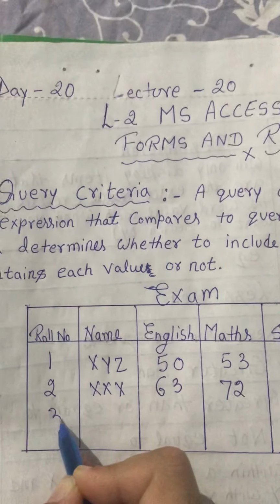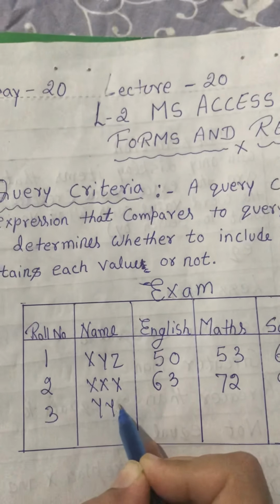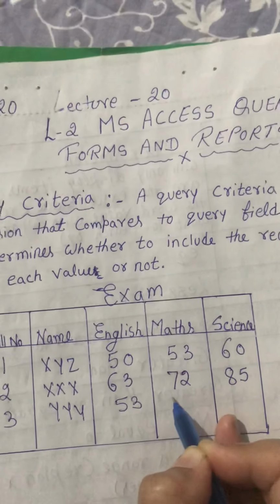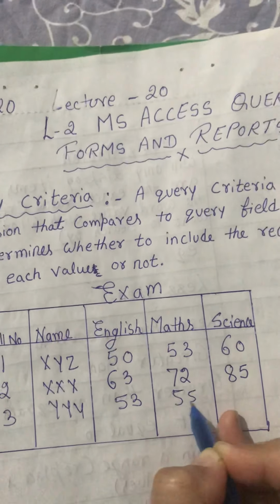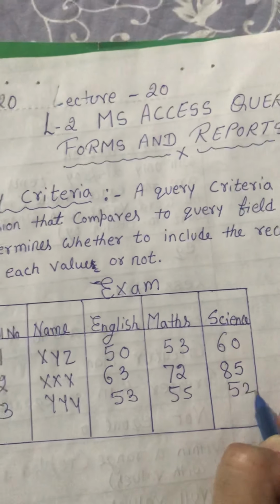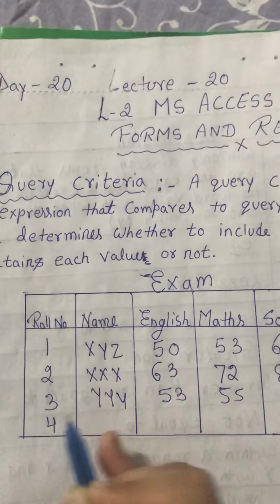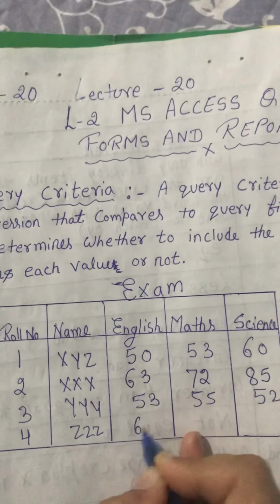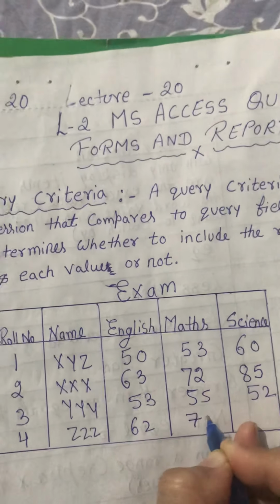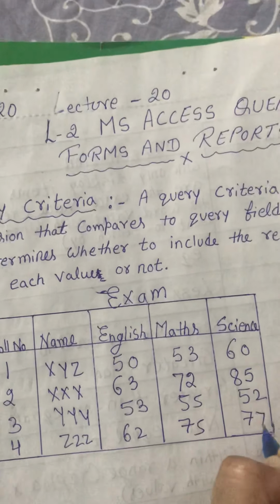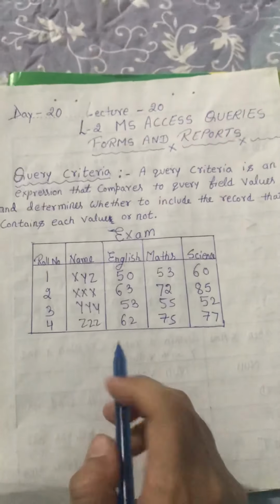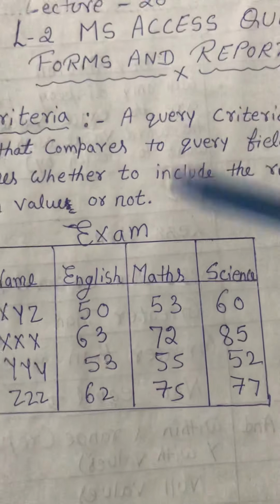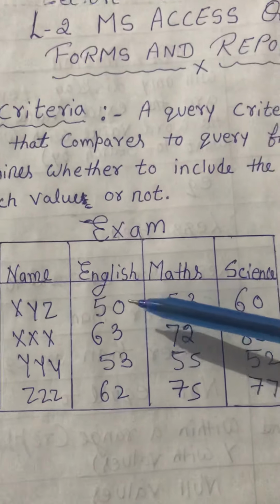Roll number 3 got 53, 55 and 52 marks, and roll number 4 got 62, 75 and 77. Now you want to see the record of students who get marks greater than 50.